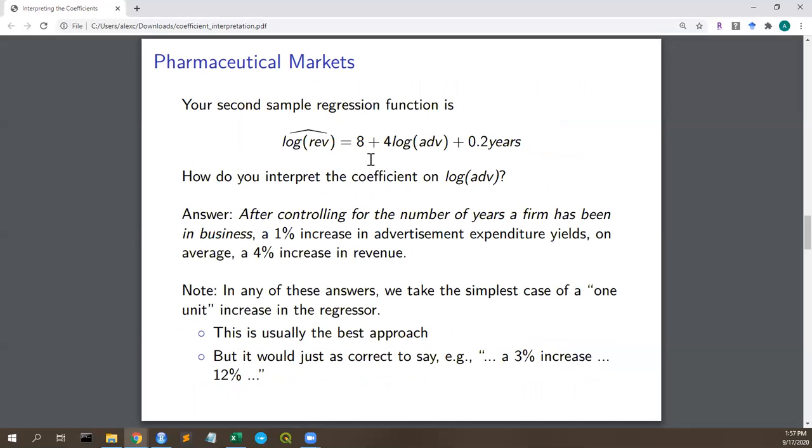Now we're saying if I increase my advertisement by 1%, then the log of my revenue, so the percent increase, is going to be 4%. So if I increase my advertisement by 1%, my revenue is going to increase by 4%. And if I increase by 2%, it's going to increase by 8%, right? So it's just a linear relationship like that.